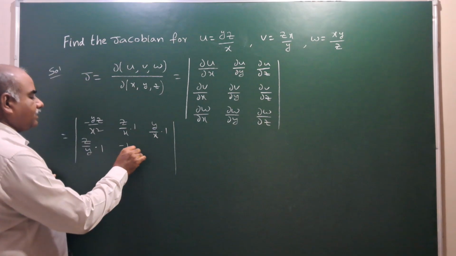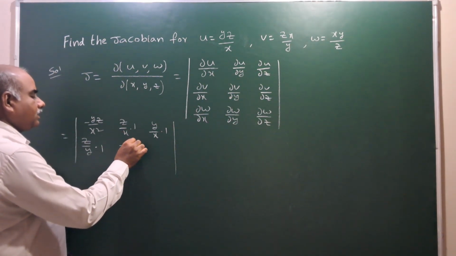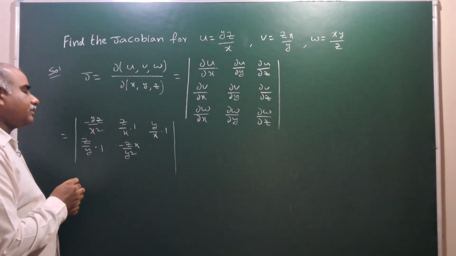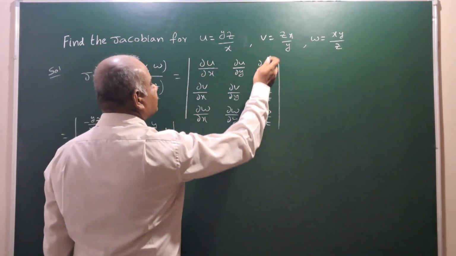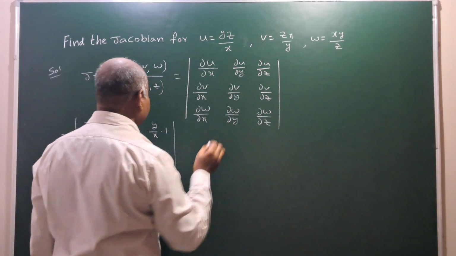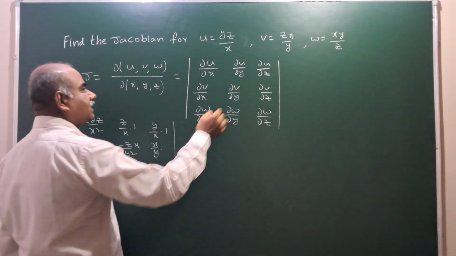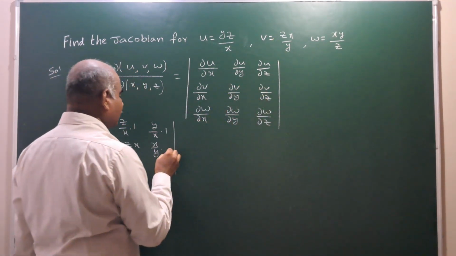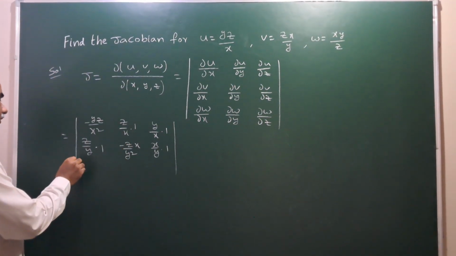Minus 1 by y square. And zx is already there. So totally it is minus zx by y square. ∂v/∂z. Here z is a numerator, so treat x by y as constant. The derivative of z with respect to z is 1. Okay. So these are the partial derivatives of v.